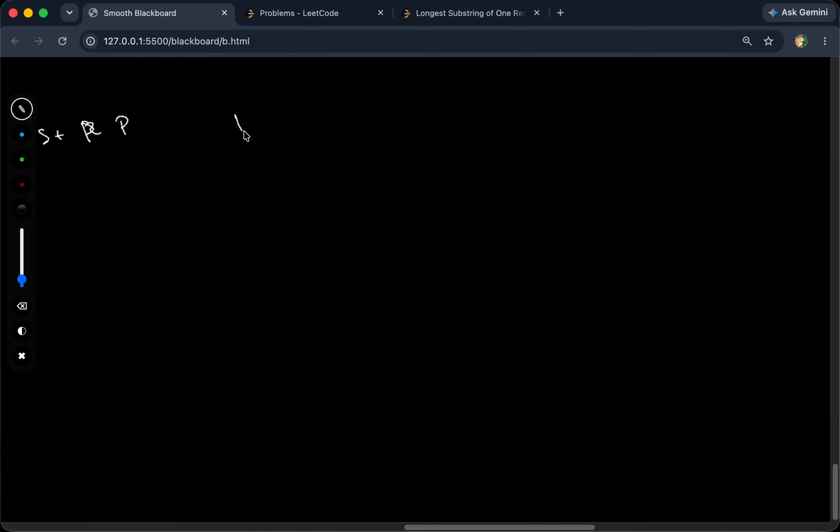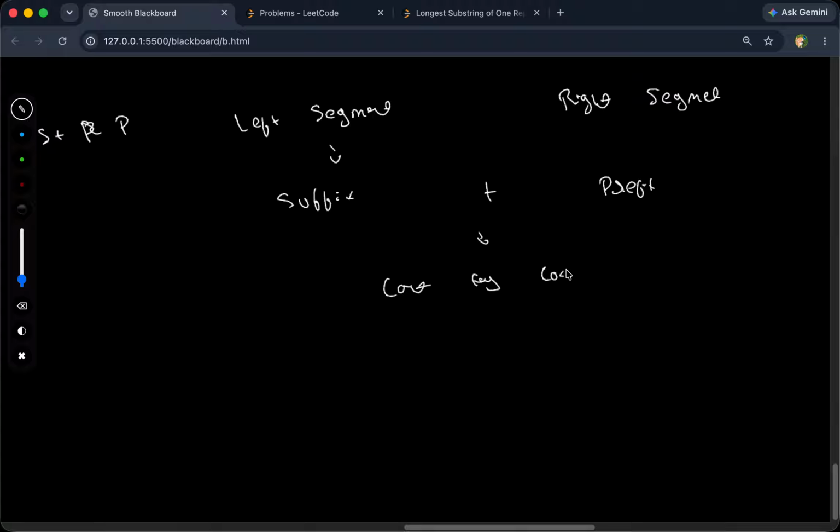Remember this: left segment, right segment, suffix plus prefix, then can they connect, best. Okay, that's the heart of LeetCode problem 2213, segment tree.